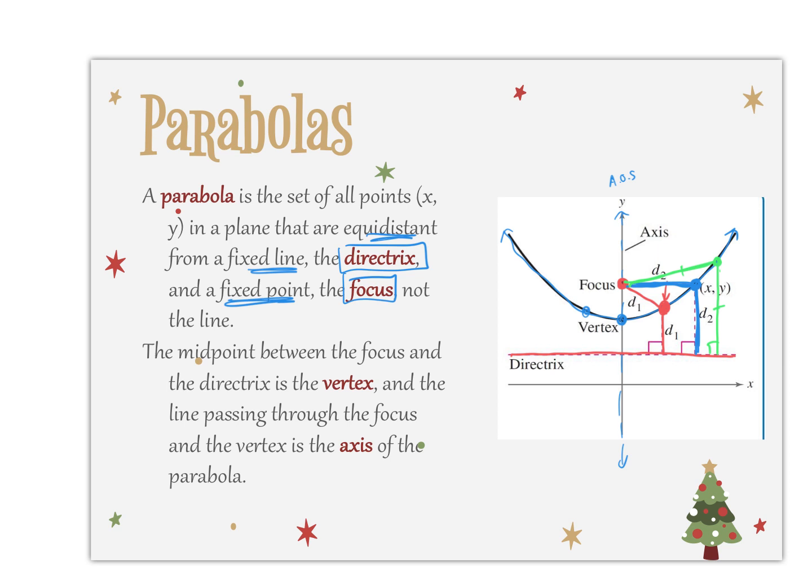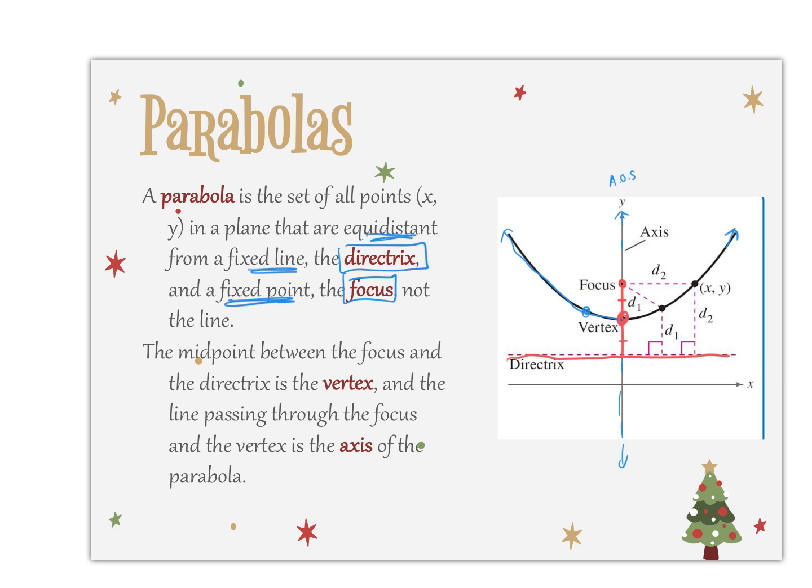And just like all those points are equidistant from the focus and the directrix, so is the vertex. The vertex is going to be equidistant from the focus. Whatever this length is, it's going to be the same length to this directrix. Okay. Now the difference is all these other lengths are called D1, D2, D3, whatever.